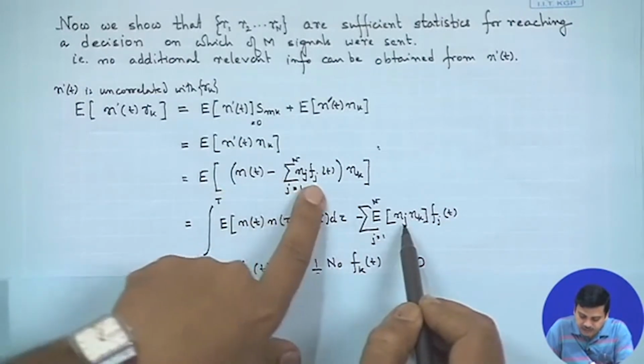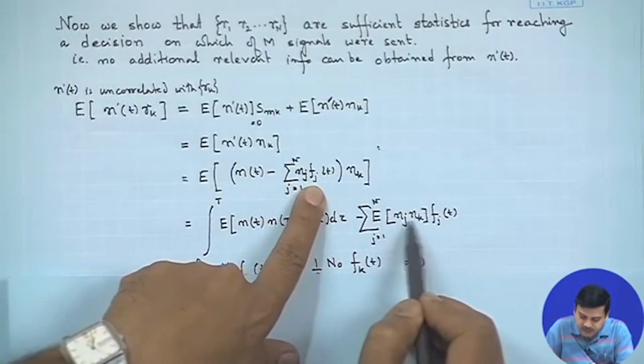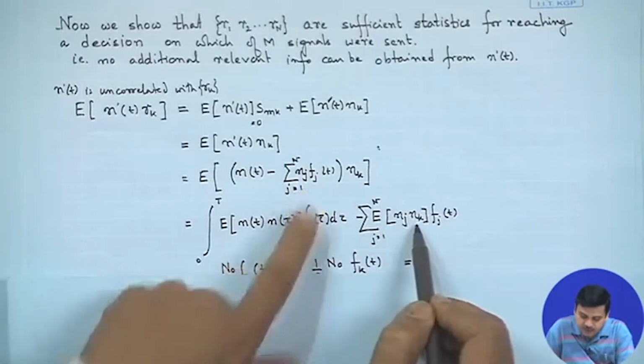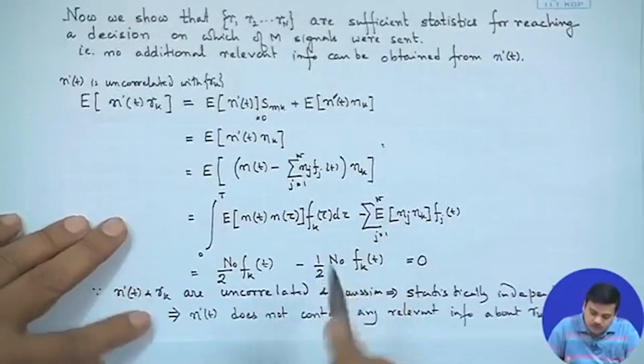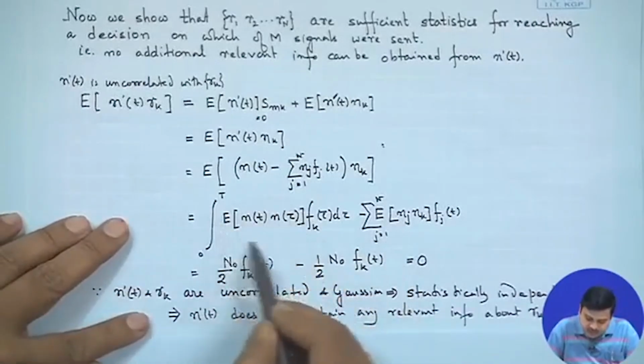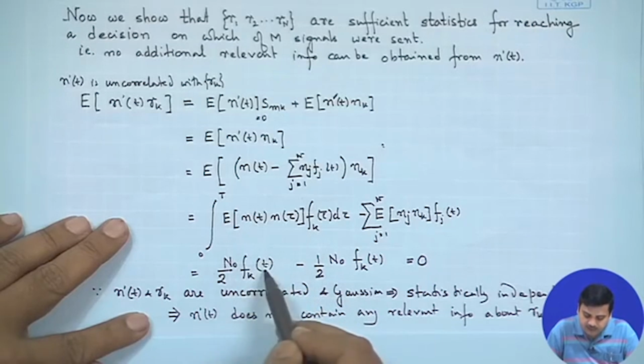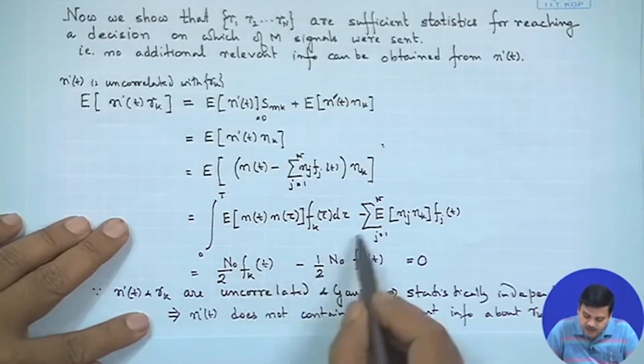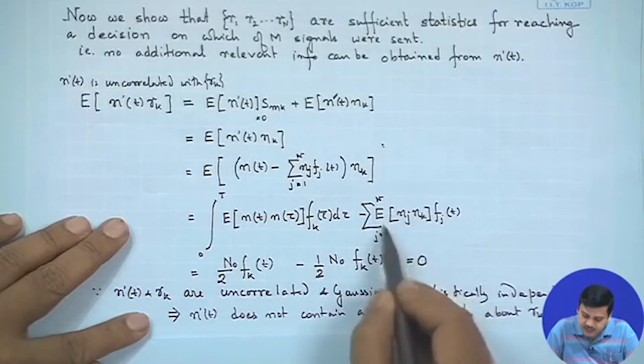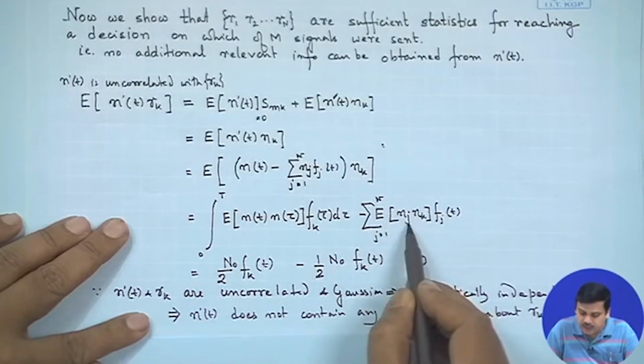So, you have f j already, n j times n k already present over here. This expectation is n naught by 2 delta t minus tau. So, it is basically f k of t that we are left with, and from this it is again n naught by 2 delta j k.